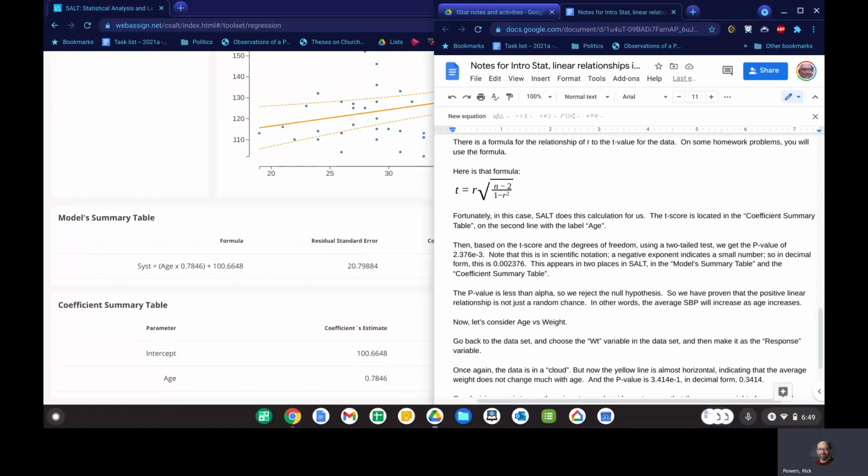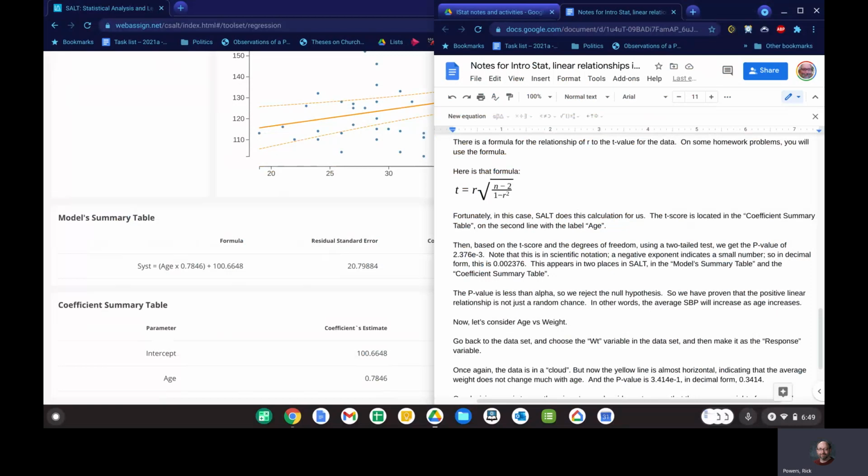Then based on the t-score and the degrees of freedom, using a t-tailed test, we get the p-value. The p-value is listed as 2.376 e negative 3. Note that this is in scientific notation. A negative exponent indicates a small number.